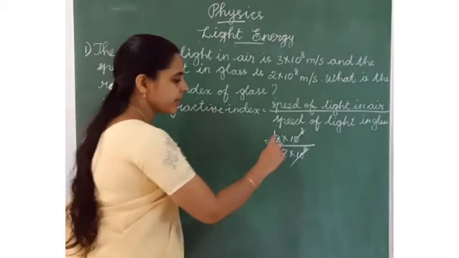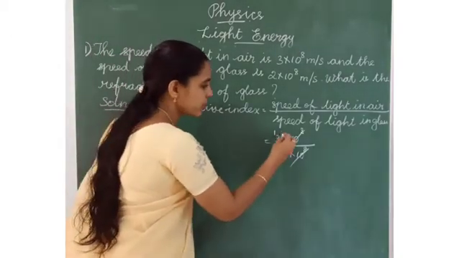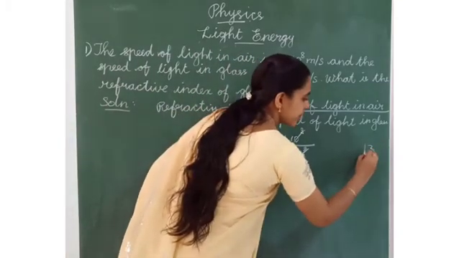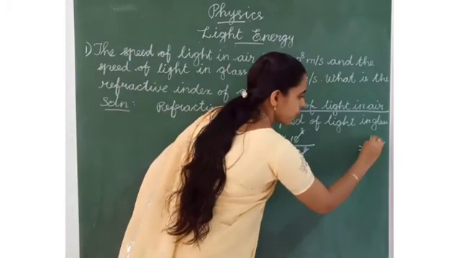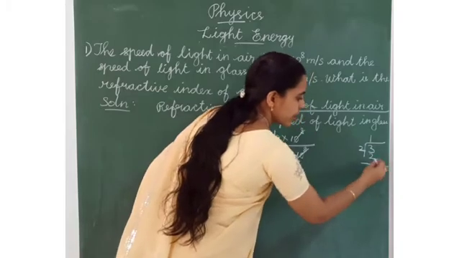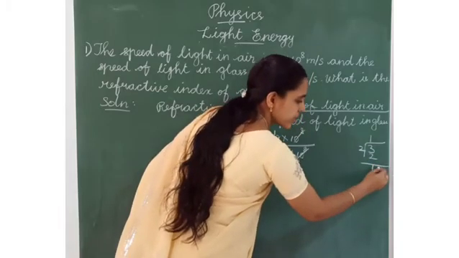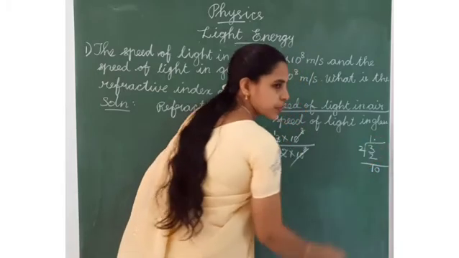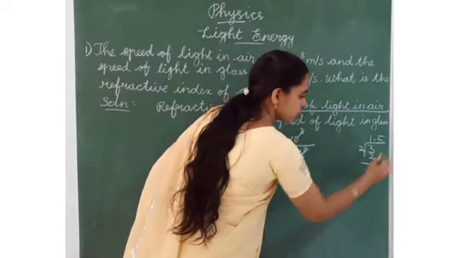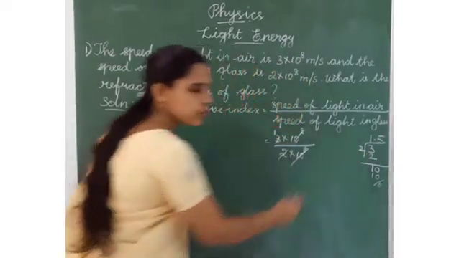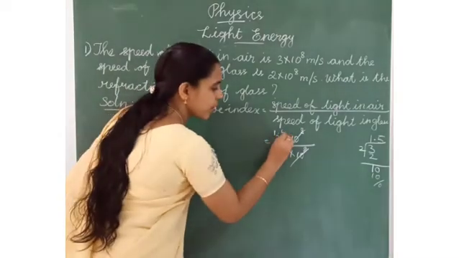When we add 0, we can divide 3 2. 1 2 is 2, 1 balance. We have to add 0 here, decimal. Again 5 2s are 10. So the answer is 1.5.